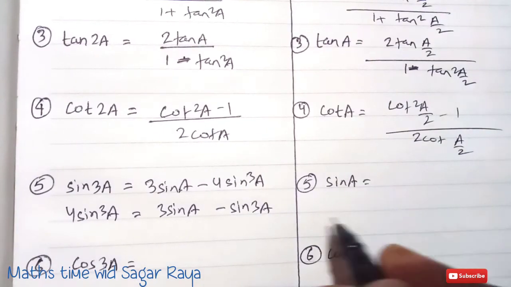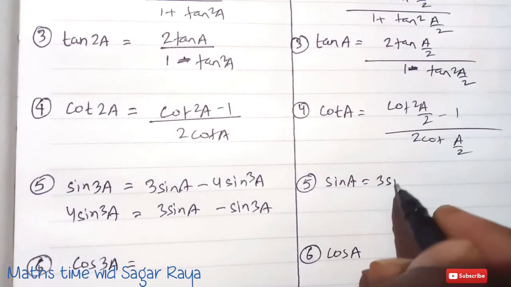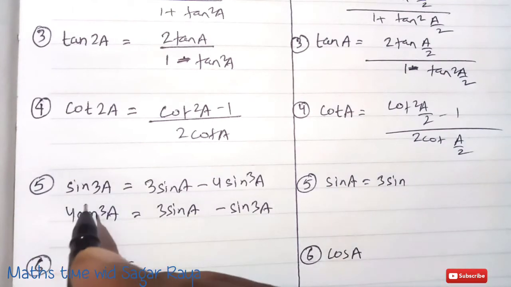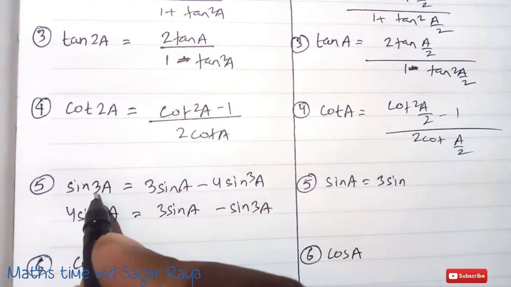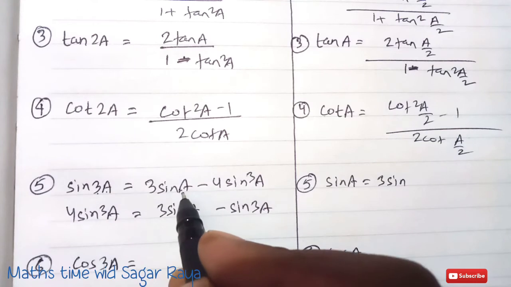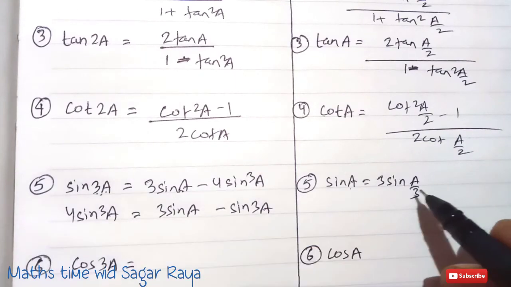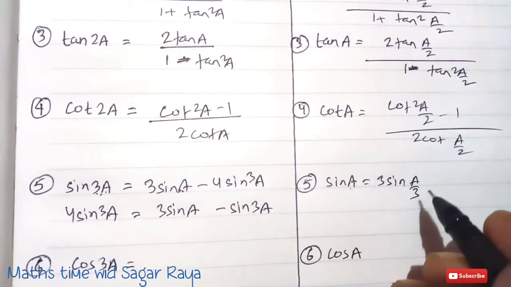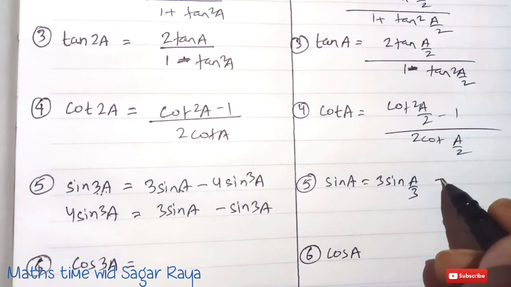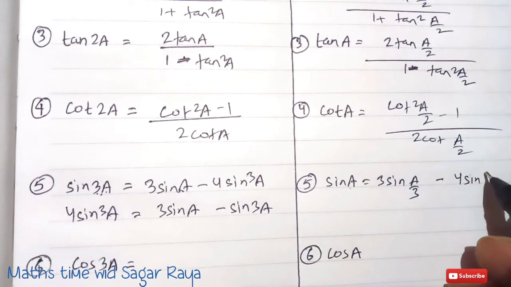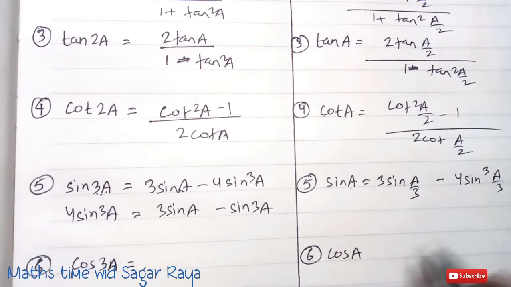So here you have to remember, instead of 3a we write a here. So 3 times a by 3 is a. So 3 sin a by 3 minus 4 sin cube a by 3.